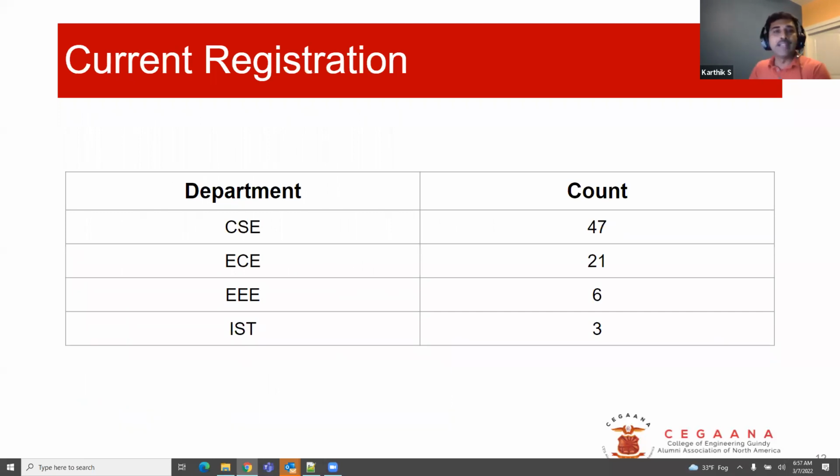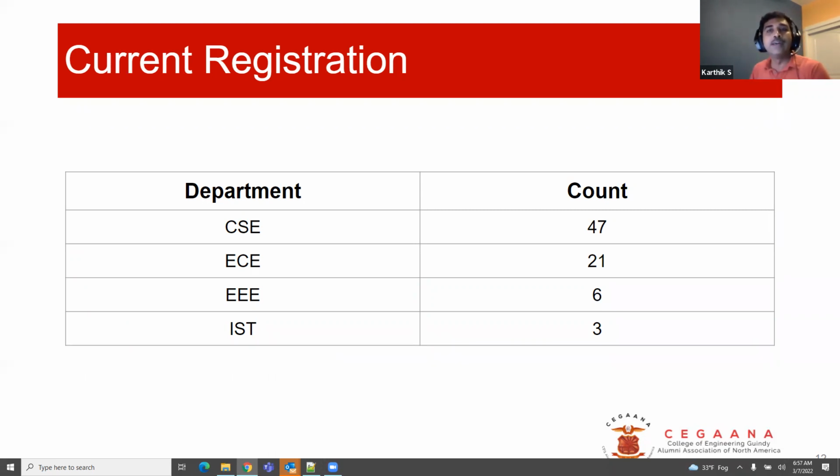A few hours ago, when I checked, this was the count of students registered. We have computer science, ECE, EEE, and IST students registered. I'm not sure if the EEE and IST students are aware of this much. I know the faculty members have tried to send many circulars to the departments.